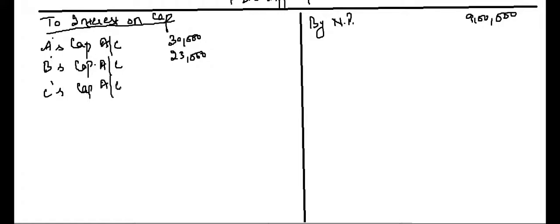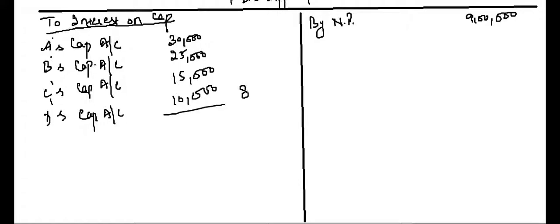C's capital account 1,50,000, 10%, 15,000. And D's capital account we have 10,000. So total interest on capital comes to 80,000.